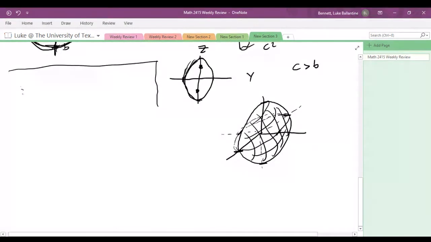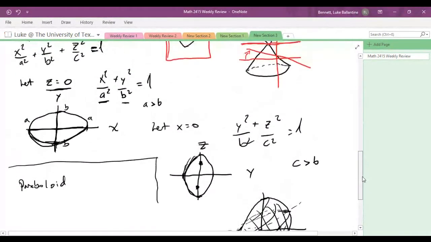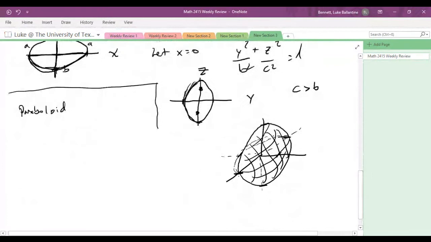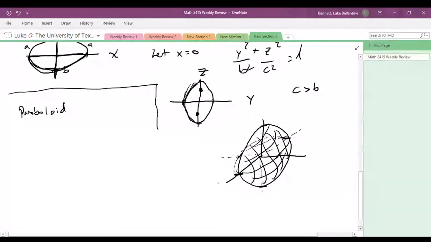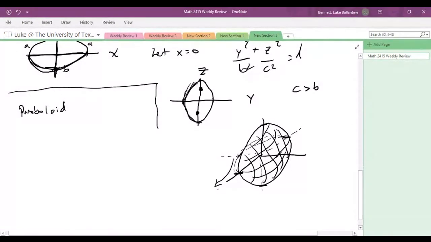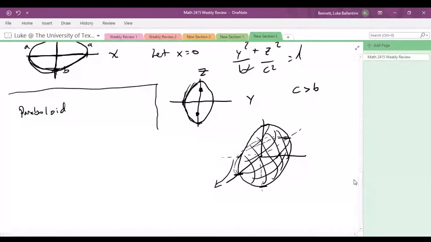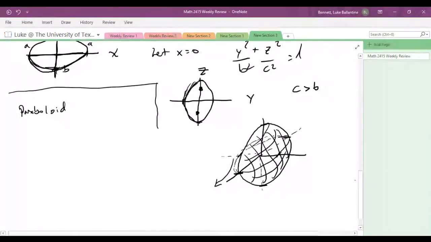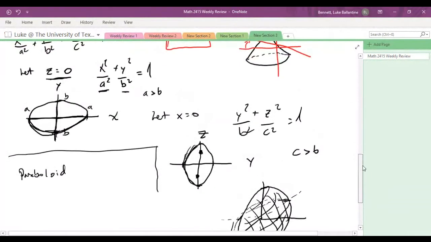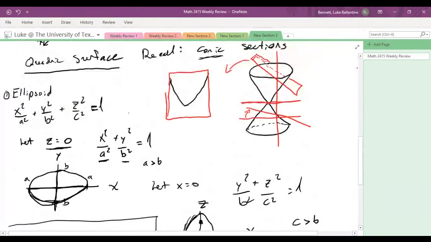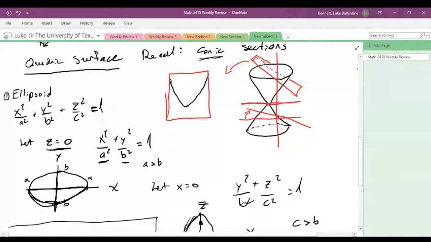So next we have paraboloid. Infinity on the x-axis. It doesn't shoot out forever because, well, this is the equation I'm graphing right here.